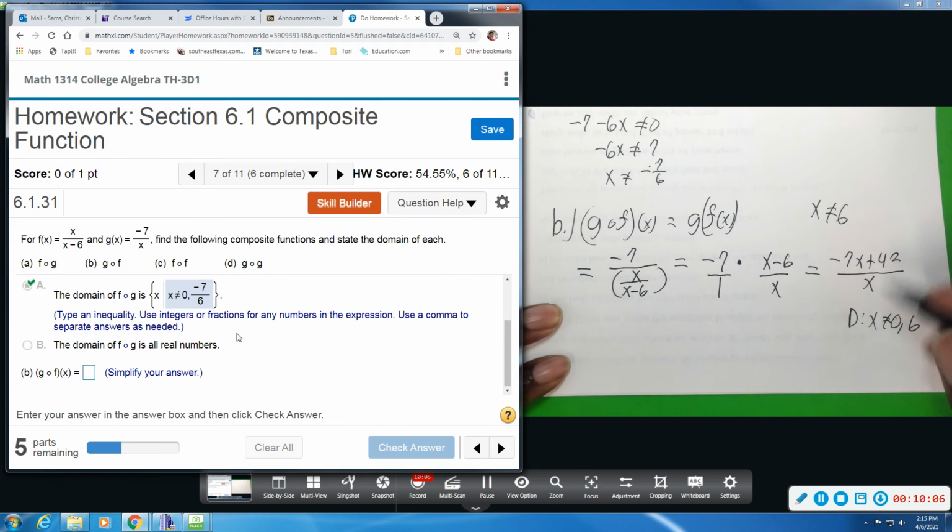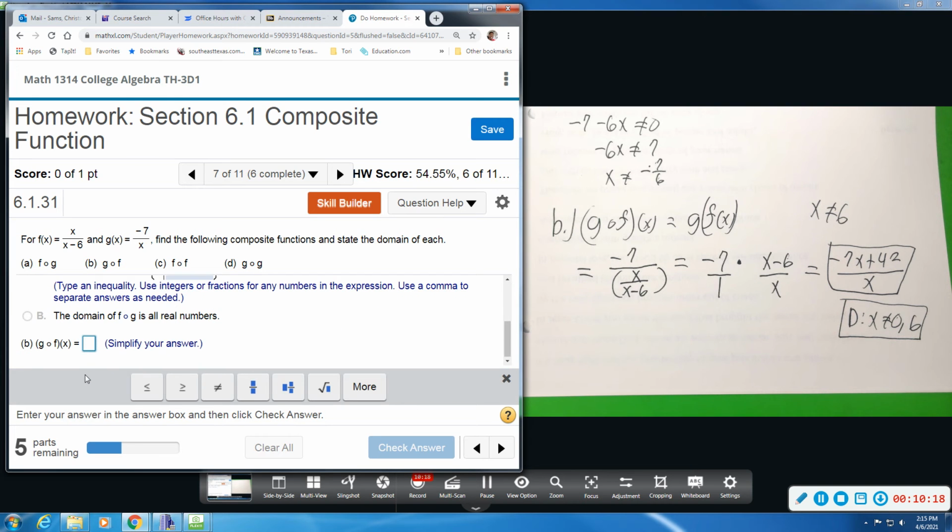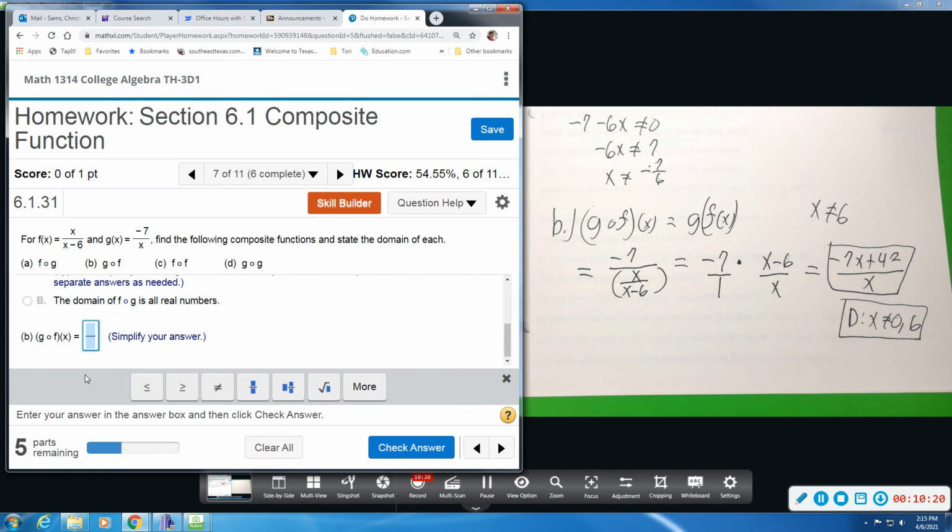So our domain here is x cannot be 0 or 6. And this is our new expression, simplified, negative 7x plus 42 divided by x. Fraction, negative 7x plus 42. And then on the bottom we have x.